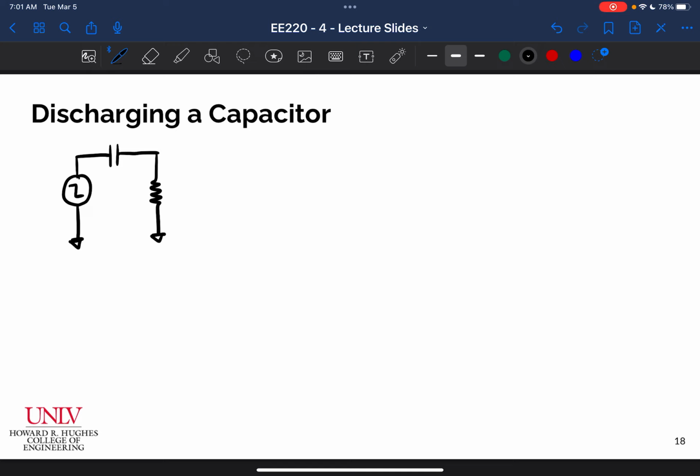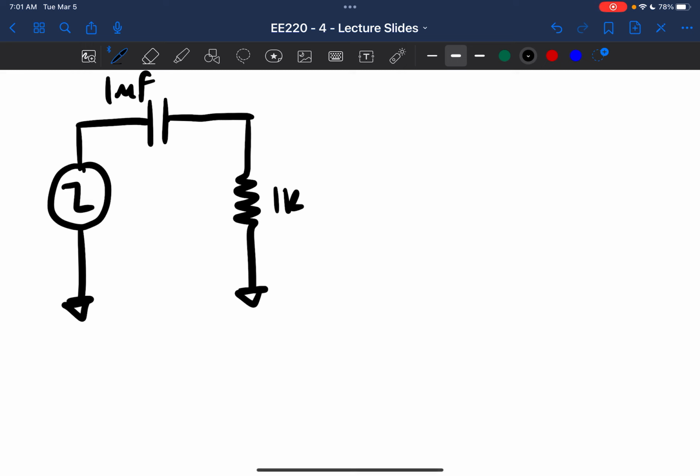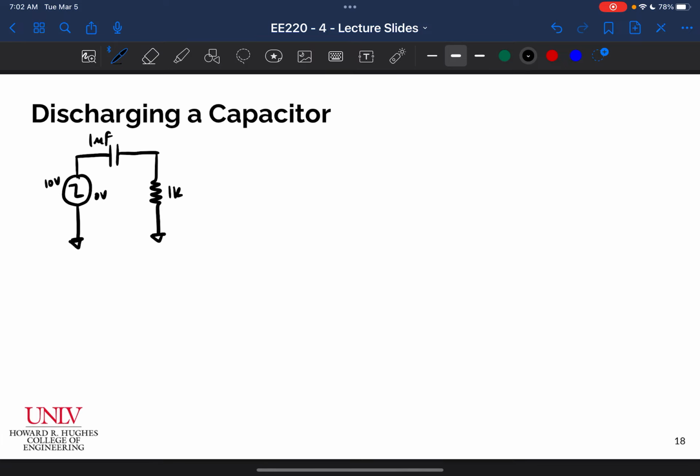I'm going to give myself a 1 microfarad capacitor and a 1K resistor, just to keep the tau pretty simple. And then I am going to let this source start at 10 volts and pulse down to 0 at time t equals 0, okay?